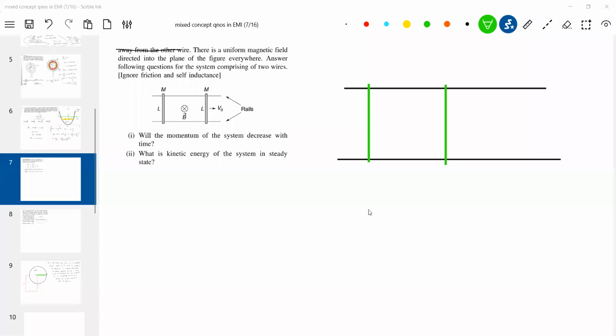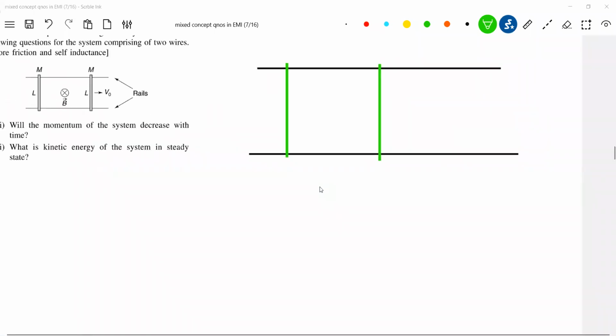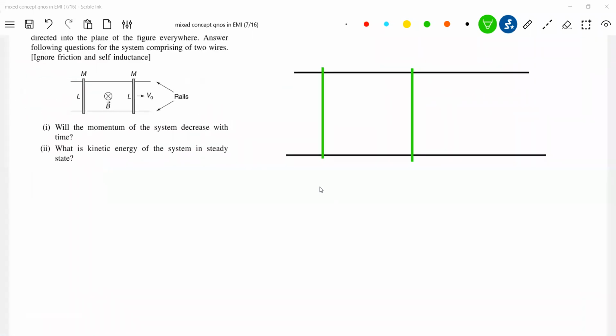Okay, you want full screen. B bar is into the plane. These are very good application problems. Initially, rod 1 is given velocity V naught. It's asking what conditions will arise here. This is rod 1, rod 2.